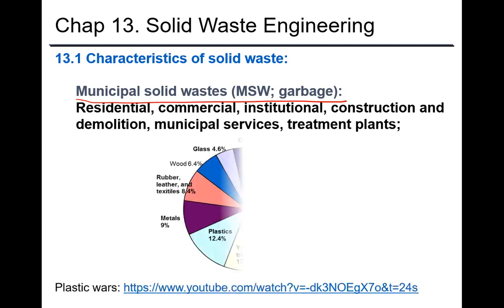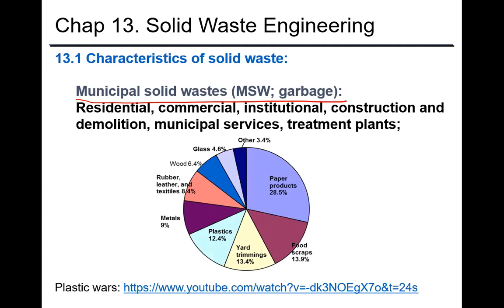Okay? So if you just look at the detailed fractions regarding what is the composition in each type, you see that a large fraction are just paper products, okay? We can easily recycle them. Of course, food scraps, you probably have to dispose them, right?